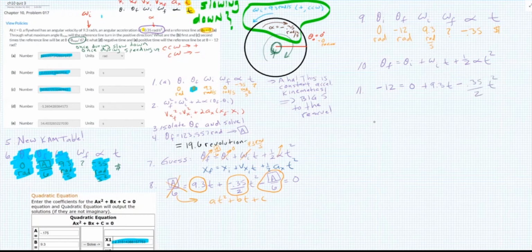So it's just another exercise in the world of quadratic equation solving. So 0 equals 12 plus 9.3 t minus, what is 0.35 divided by 2? It is 0.175 t squared.